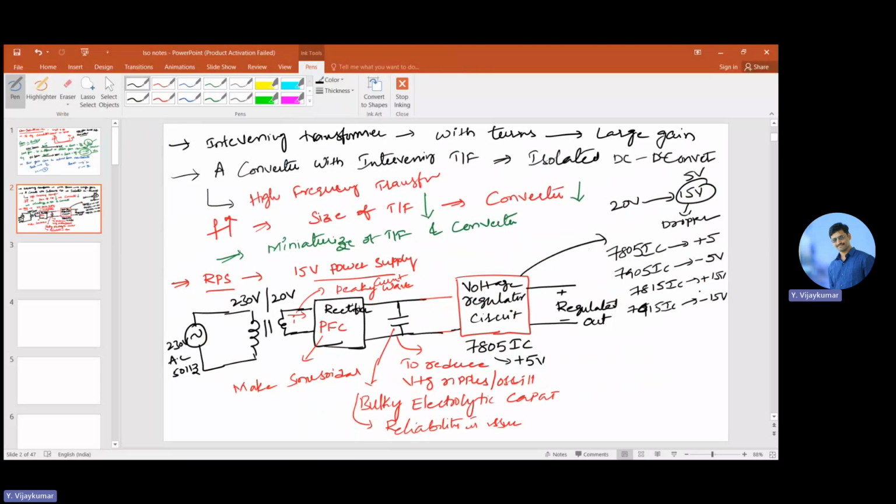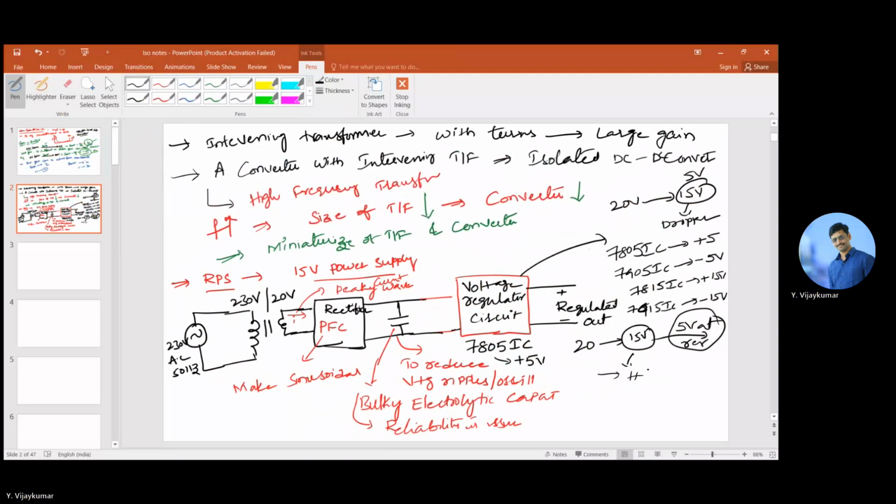As we know, the input we are giving is 20 volts, the 15 volts will be dropped here, and finally at the regulator output side we are going to get 5 volts. If you observe here, the power loss is huge.